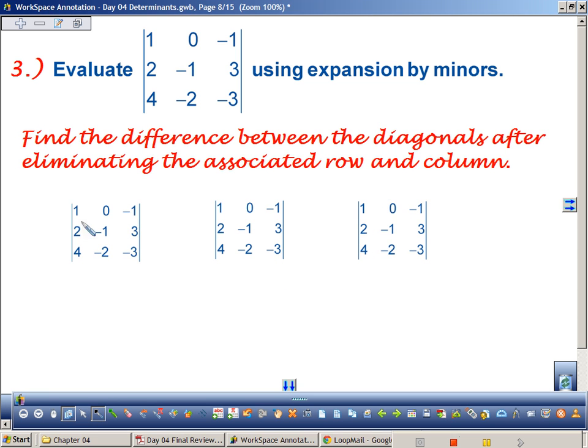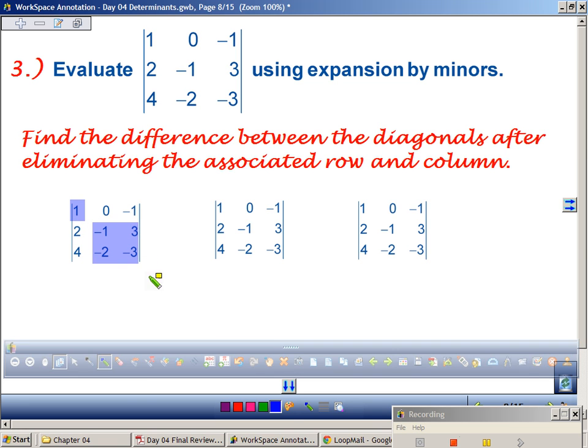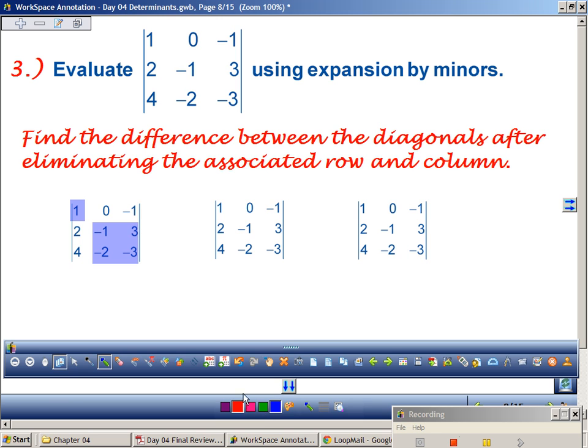Okay, and so if I was concentrating on this one, the 1, then I would need these. And then the 0 would be these.